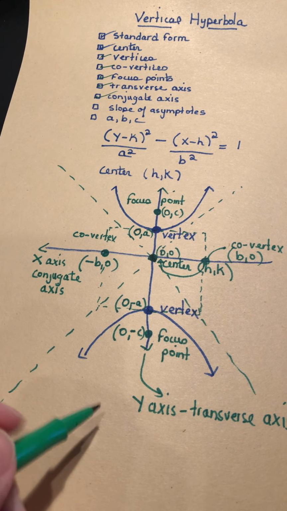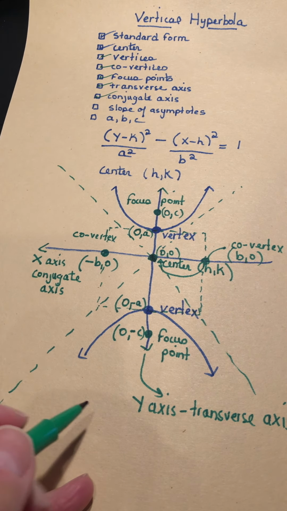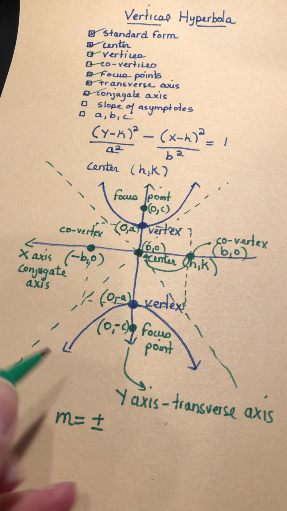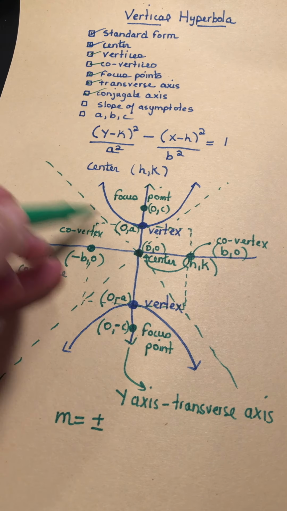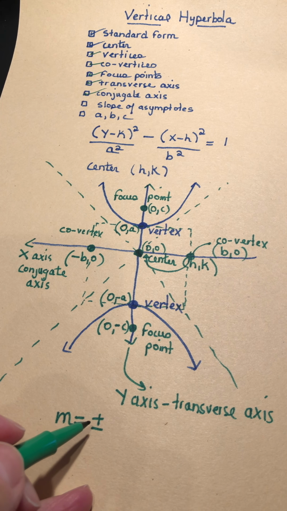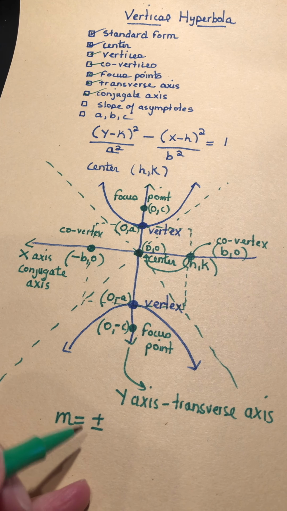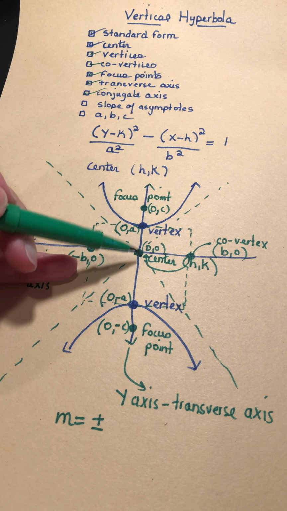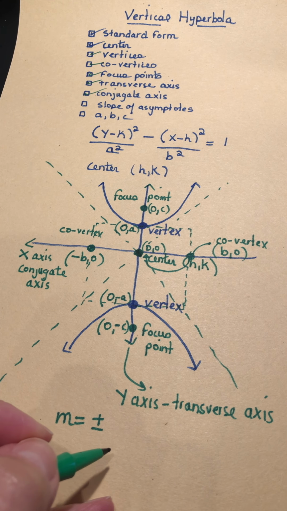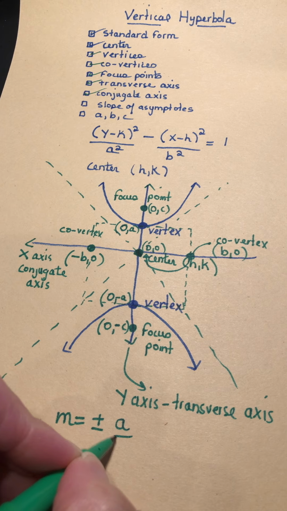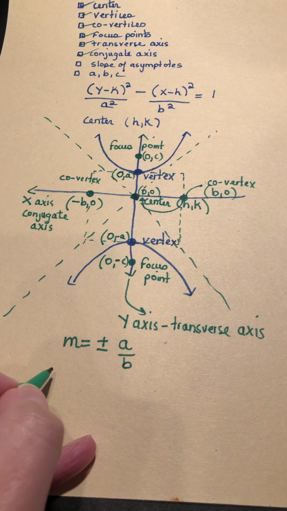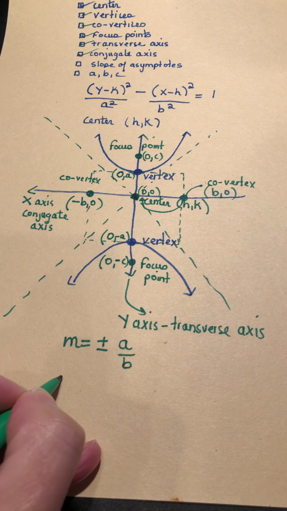Now, interestingly enough, the slope of the asymptotes, slope is gonna be denoted by m, and there's gonna be plus or minus, because you can see I have one positive slope and one negative slope with my asymptotes. Now I have to think, okay, slope is rise over run, right? Change in y over change in x. At this time, the A is on the vertical axis and B is on the horizontal. So to find the slope of these linear asymptotes, it's gonna be plus or minus A over B. All right, now again, just a quick reminder that all the other letters represent the same thing.